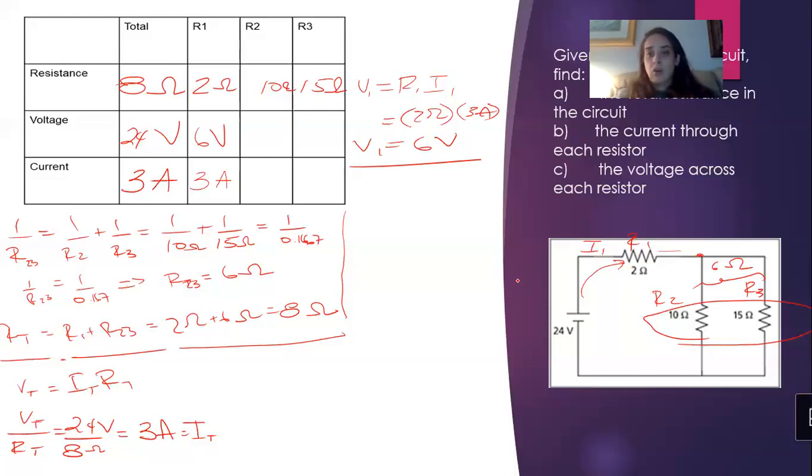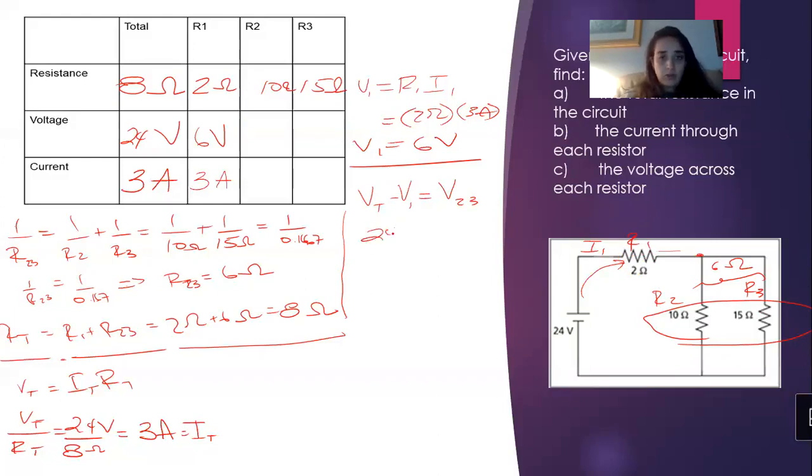Okay? So if I have 6 volts that were lost here because of the conservation of energy, the remaining energy is going to be lost to the other 2 resistors. So then all I have to do is subtract the total voltage minus the voltage drop across the first resistor, and that will give me what the voltage across the other 2 resistors are.